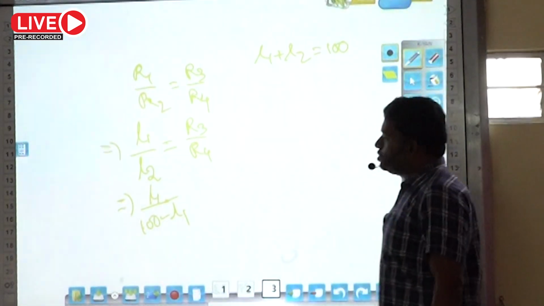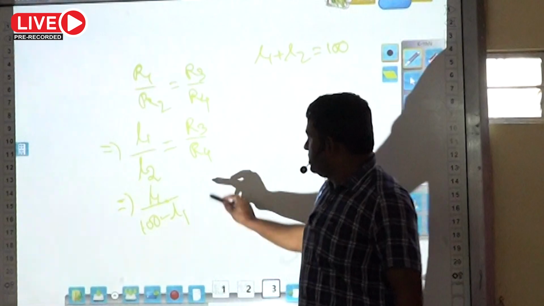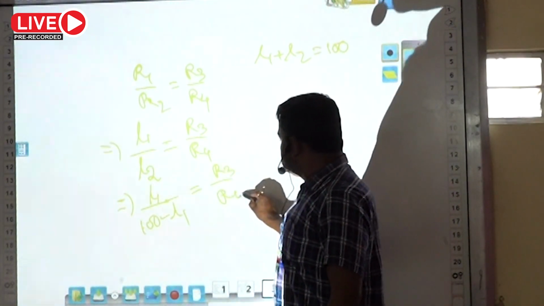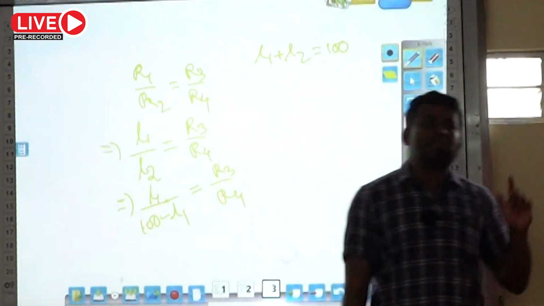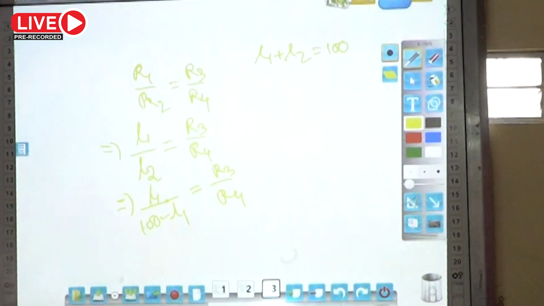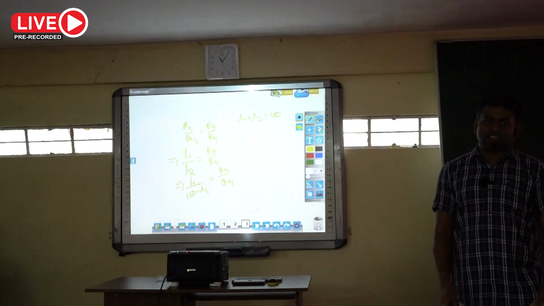L1 plus L2 is 100, so I can replace L2 by 100 minus L1, that is equal to R3 by R4. Generally R3 is given as a known resistor, then you only have to find the value of R4, for which the bridge will be in balanced condition.